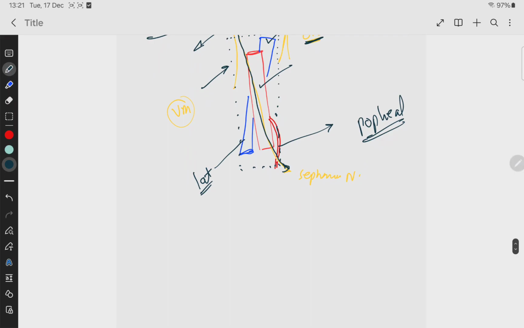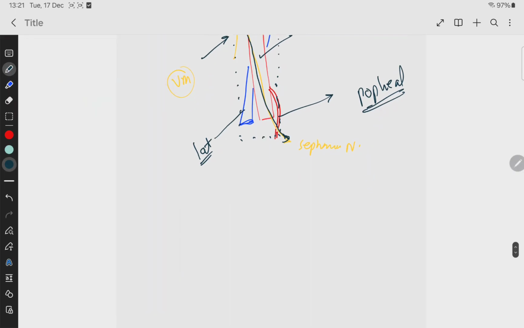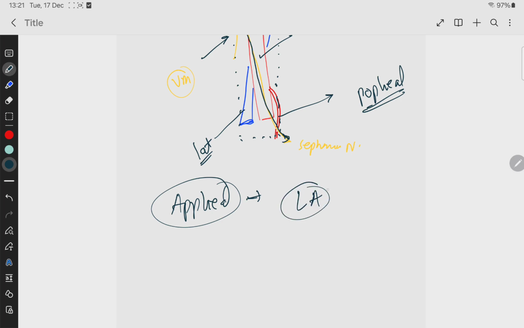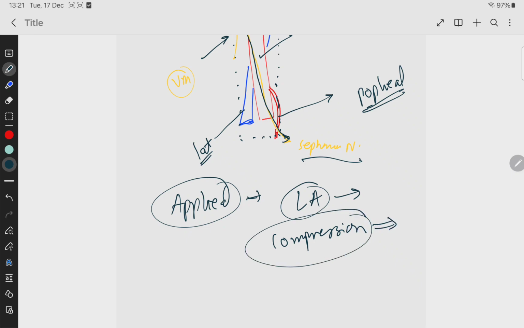Then you can write about the applied part. What can you write in the applied part? There is the adductor canal block, a local anesthesia to block the saphenous nerve that carries cutaneous sensation. There is also compression of the femoral artery as it travels in a narrow space.